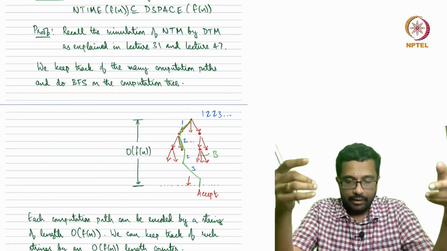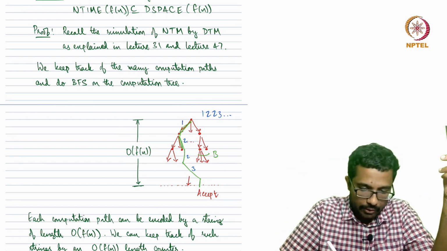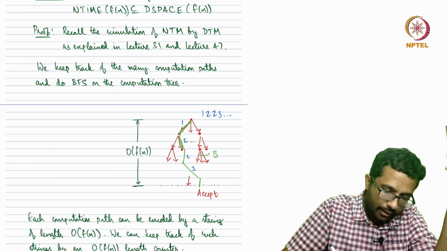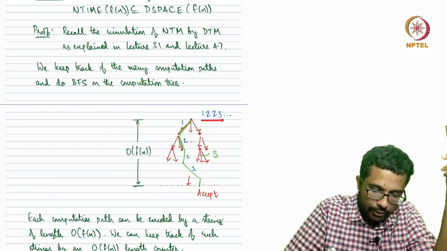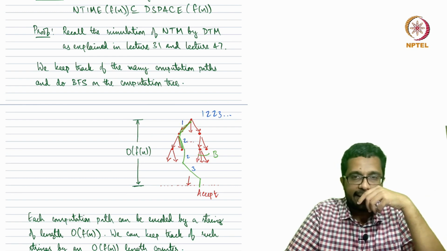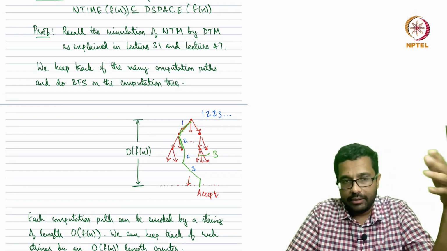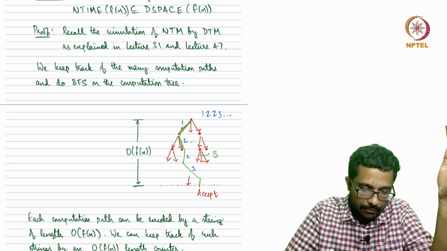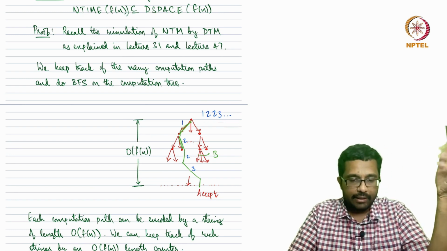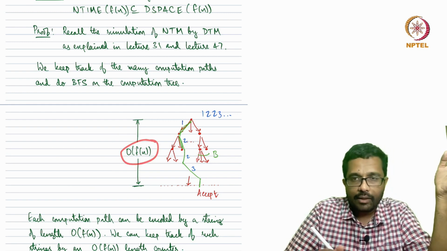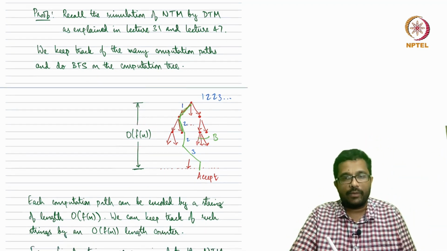So that will be the number of symbols each position of this counter can take. So the base of this counter is capital B, but the length of the counter is no more than O(f(n)), because that is the height of the computation tree, right?